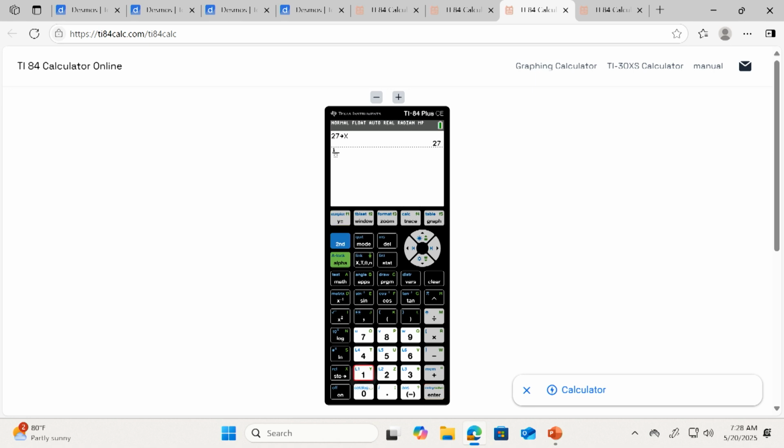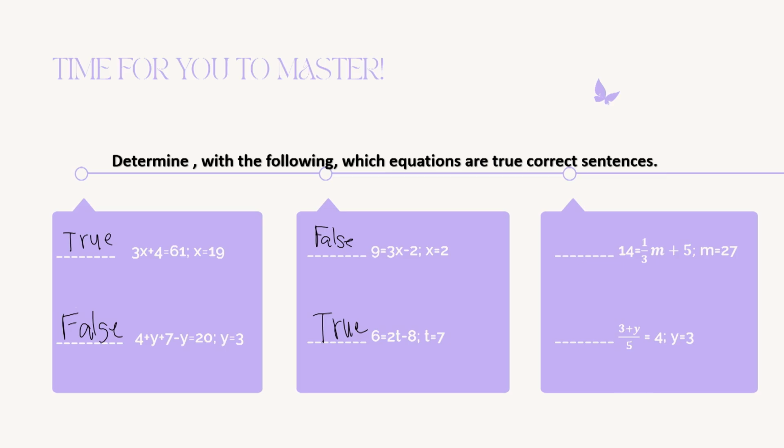So I'm going to put 1/3. I'm going to arrow to the right to get out of that fraction, my variable plus 5, and I get 14. That's exactly what's on my paper. So I'm going to go back and put that this is a true statement. So now I'm going to do the last one.